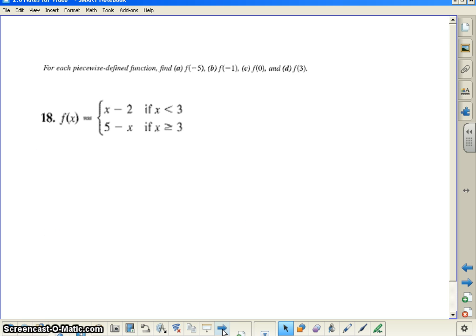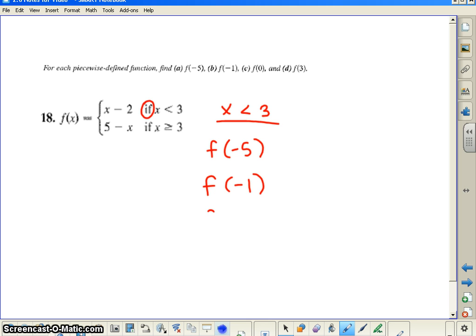The next example, for each piecewise defined function, find f of negative 5, f of negative 1, f of 0, and f of 3. If we pay attention to our restrictions here, if x is less than 3, the only numbers I can include in that domain would be f of negative 5 and f of negative 1.